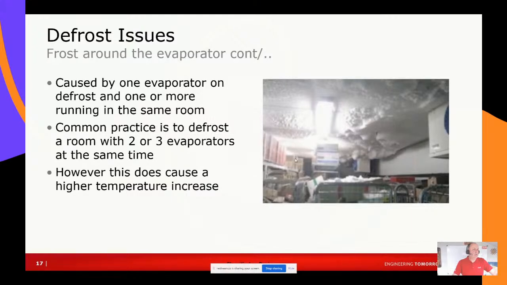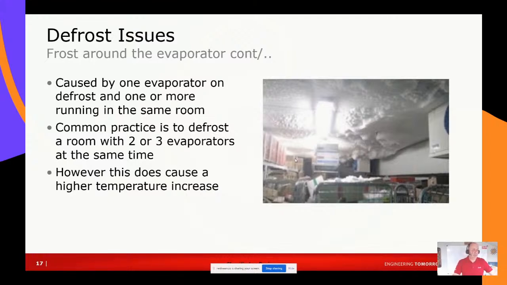Now, one of the challenges is generally, if you've got a cold room with 2 or 3 evaporators, a commercial cold room, as you can see there, the common practice would be to defrost all the evaporators together. The challenge is, if we don't do that, and there's a lot of moisture in the store, as you can see from that picture, there's a lot of snow on the ceiling of that cold store.